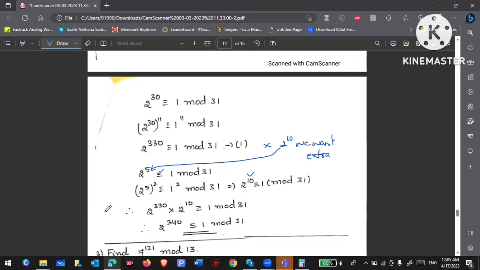Therefore, using 1, we get 2^330 here. 2^330 into 2^10 will give us 2^340, which is congruent to 1 mod 31.